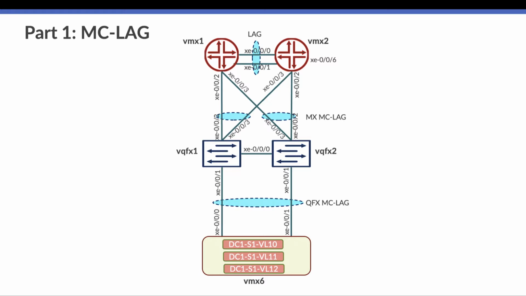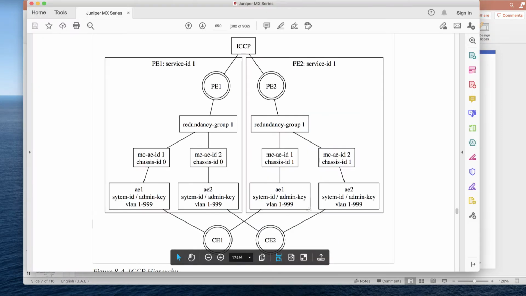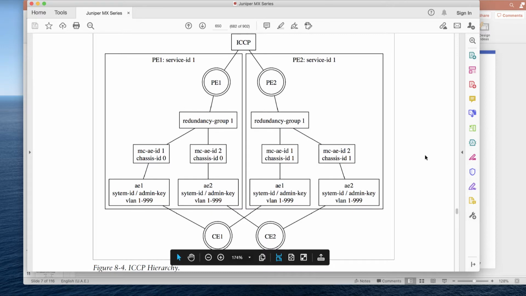Before configuring this task, we will just remember the MC lag hierarchy. To establish an MC lag between two nodes, we need to have these two nodes within the same service ID. MC lag actually has multiple configuration hierarchies.